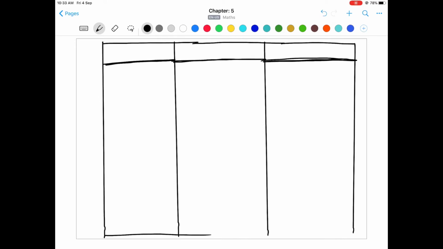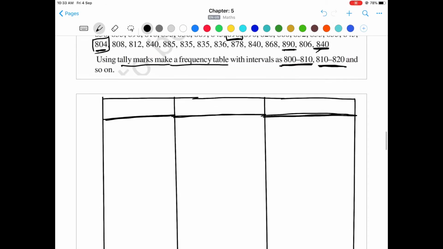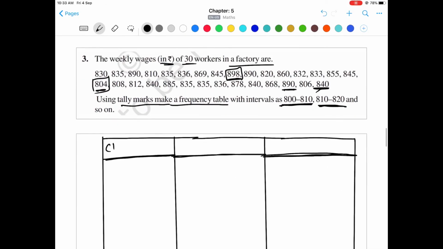Okay, so that's our table. In the first one we'll write the class interval, here we'll write the tally marks, and frequency.